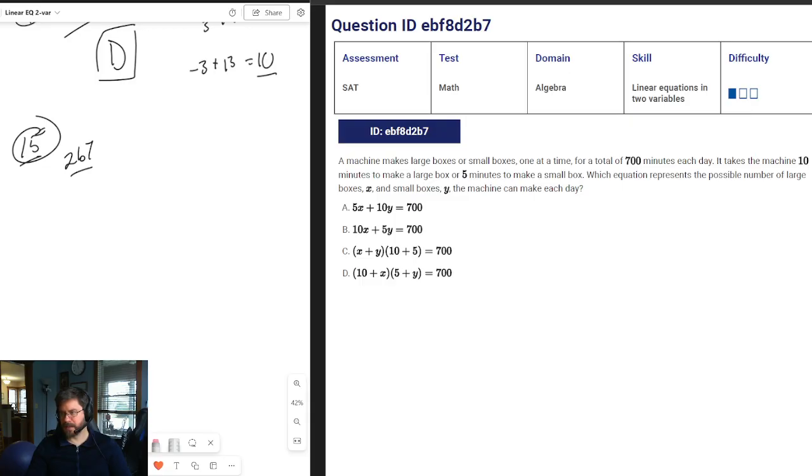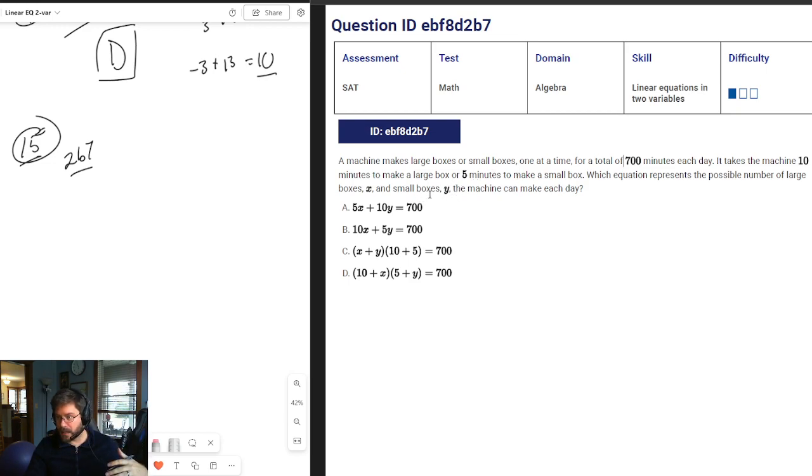Large boxes and small boxes again, one at a time. Total of 700 minutes a day. So these 700s on the right-hand side are the total number of minutes. So I know that this addition needs to be minutes for the small plus minutes for the large. I'm anticipating my answer before I interpret them, right? 10 minutes for a large box, so I need to have maybe 10y.